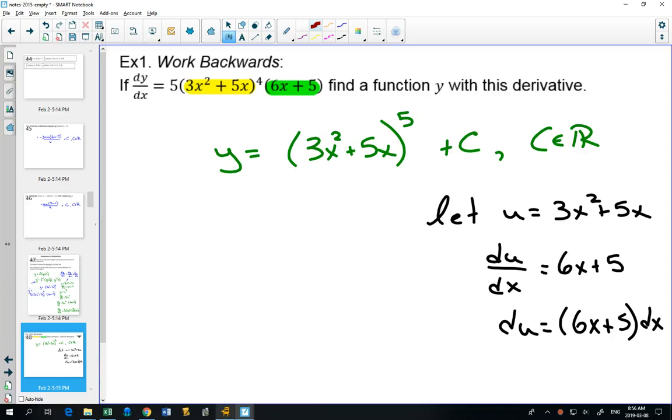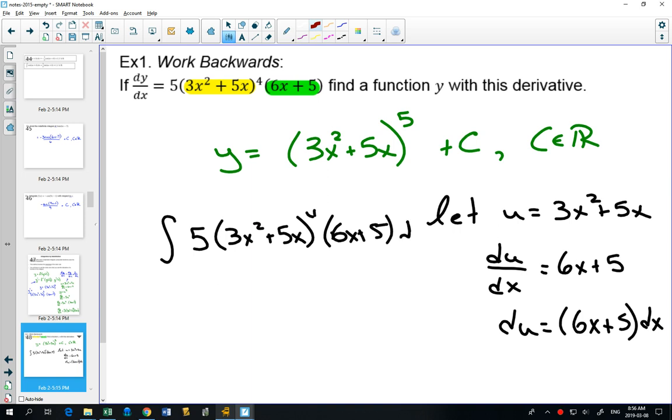So what does that mean? It means when I am integrating this function, which is 3x squared plus 5x to the 4, times 6x plus 5 dx, if I do this kind of substitution, instead of this, I could write u.